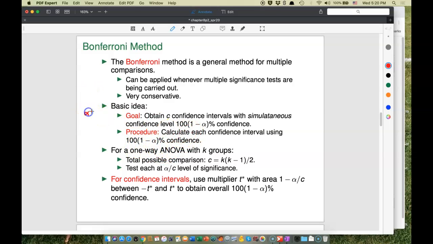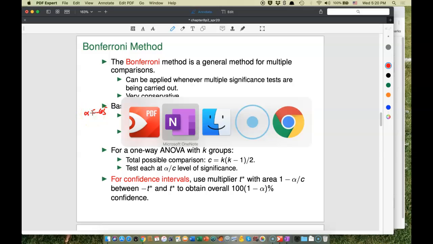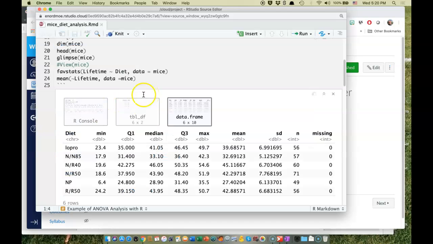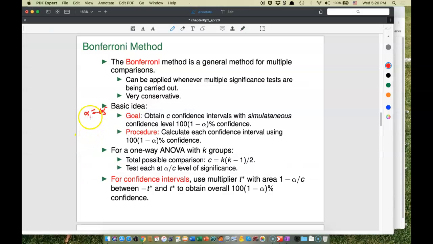So if our alpha was 0.05, let's go look for our mice. In this case we had 6 groups that we're comparing. So 6 times 5 is 30, divided by 2, that would be 15. If we did all possible comparisons, that would be 15.